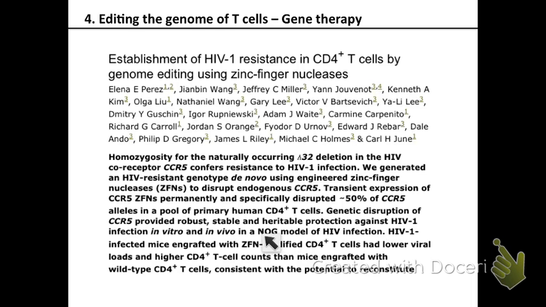So this is a humanized mouse model of HIV infection, and the mice that had the zinc finger nuclease modified CD4 T cells then had lower viral loads, suggesting that it now has more resistance to HIV infection, right? So a system like this can be then applied instead of mouse to humans to combat the HIV disease.